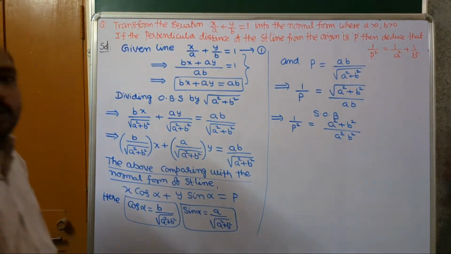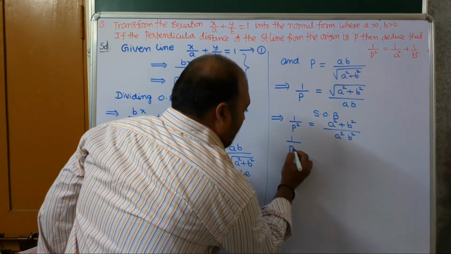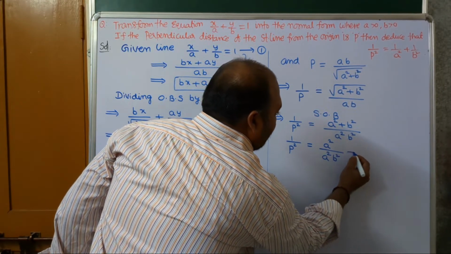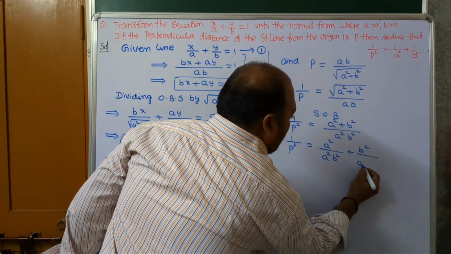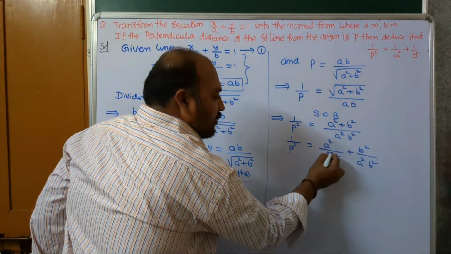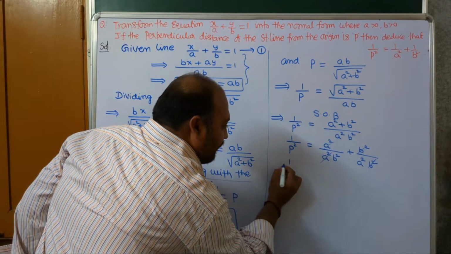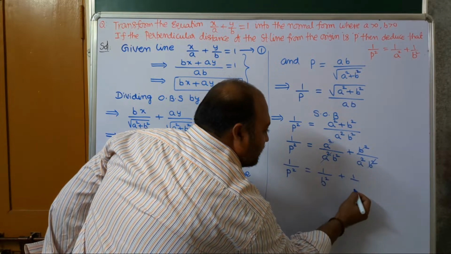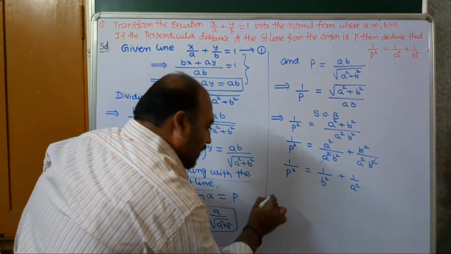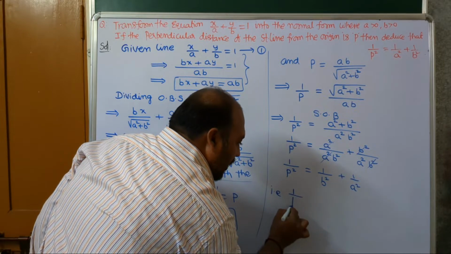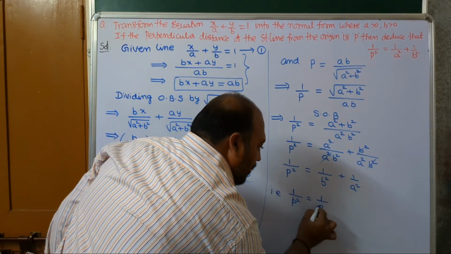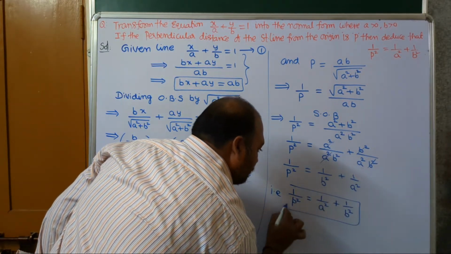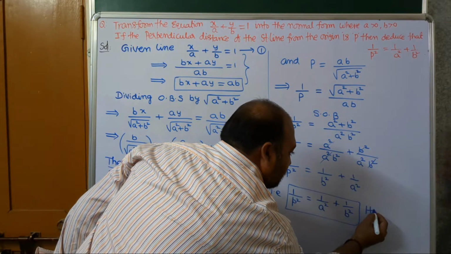Now split into two terms: 1 by P square equal to a square by a square b square plus b square by a square b square. So here a square cancels, b square cancels. 1 by P square equal to 1 by b square plus 1 by a square. Write in the order, that is 1 by P square is equal to 1 by a square plus 1 by b square. Hence proved. Hence the result.